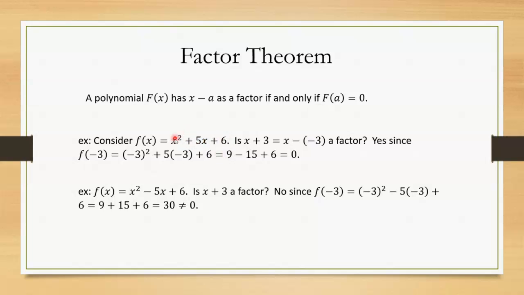So with this example, x squared plus 5x plus 6, is x plus 3, which is x minus negative 3, a factor? Again, it has to be minus. So that's why if you have plus here, you have to change it to minus. Well, if you were to evaluate this at negative 3, by direct calculation, you're going to get 0.